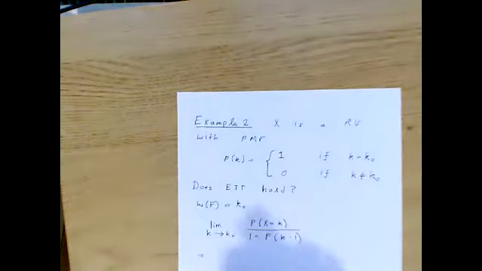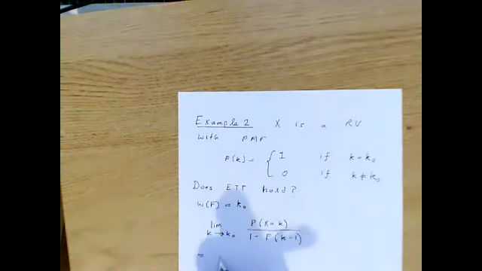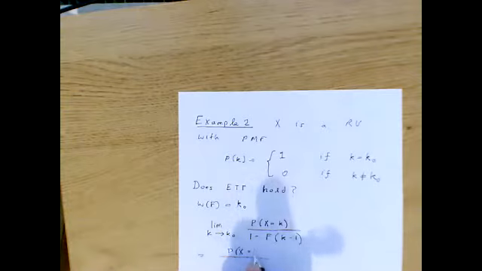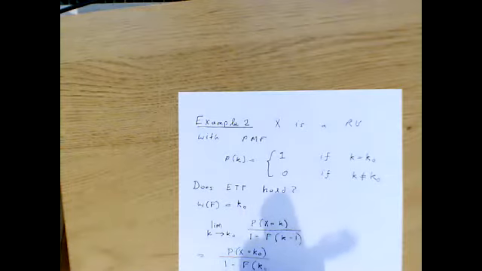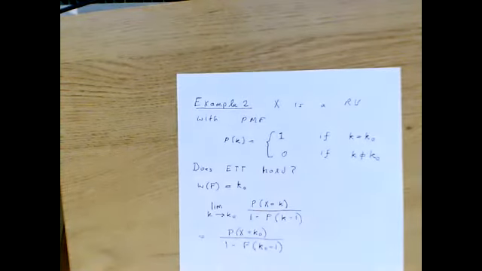All right, so I'm using the same condition as I did in the previous example. So this is the probability that x equals k0 divided by 1 minus the CDF at k0 minus 1.